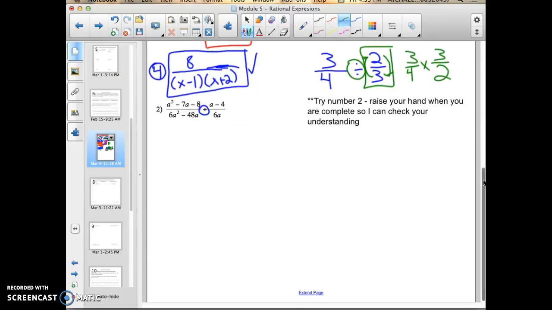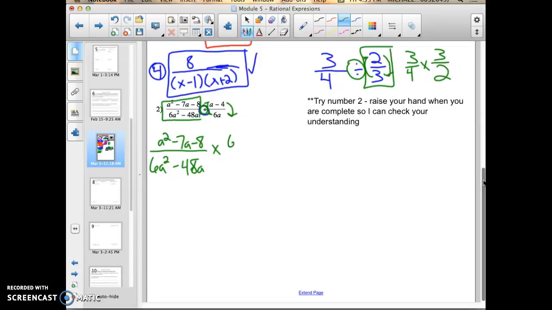So it's the same thing down here for number 2. I don't do anything with the first rational expression, so I'm just going to rewrite that again. But in this case, instead of division, I'm going to write multiplication, and I'm going to flip the second fraction, or multiply it by the reciprocal.